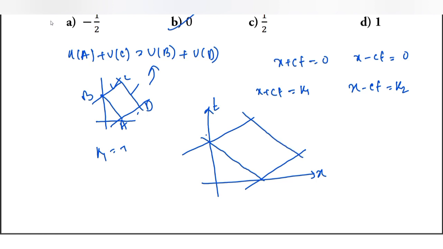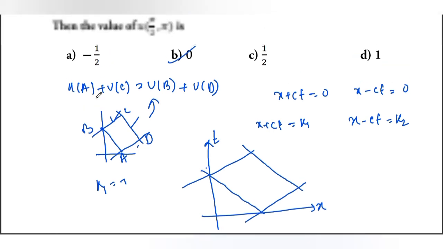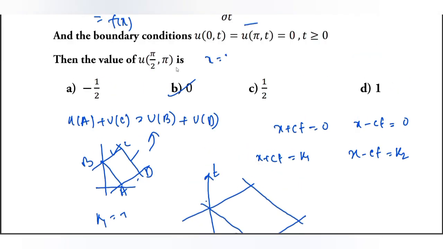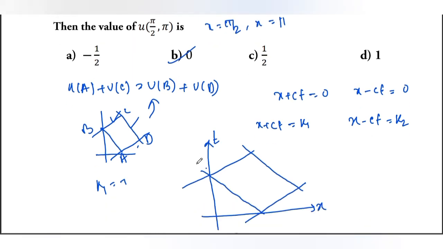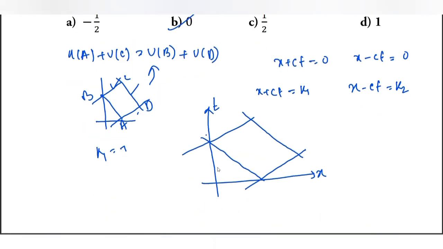Okay, so now this is the point u of pi by 2 comma 0, and from this u of pi by 2 comma pi.